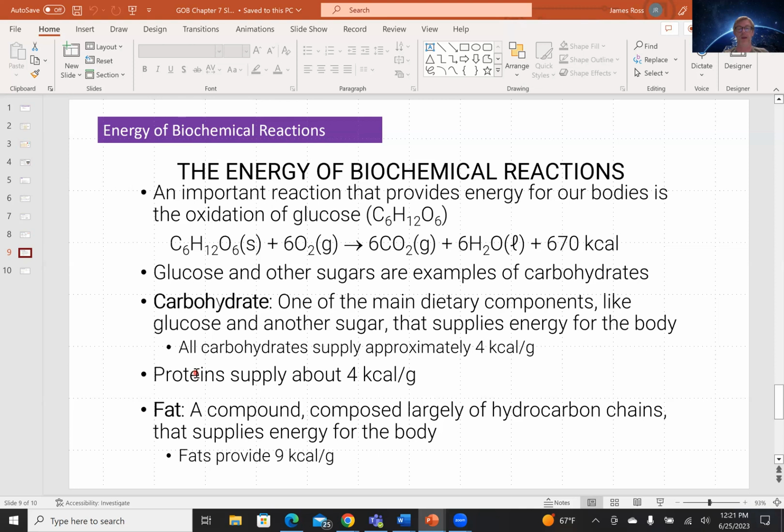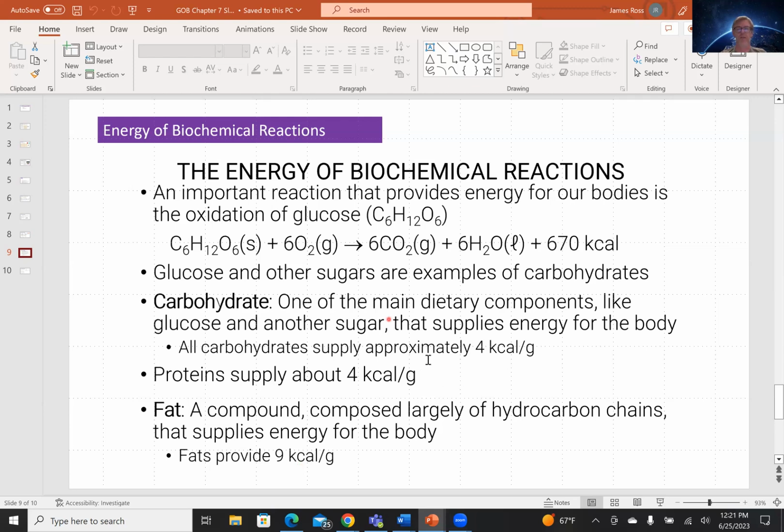Proteins are approximately the same energy content as carbohydrates, about 4 kilocalories per gram. And fats are approximately double the energy content of the other two, so approximately 9 kilocalories per gram.